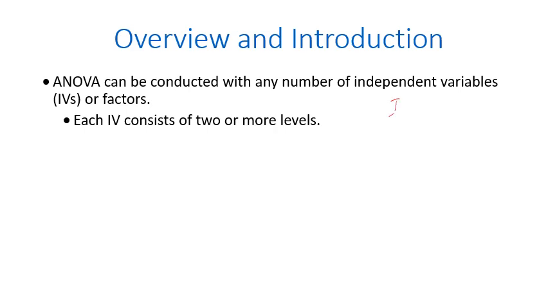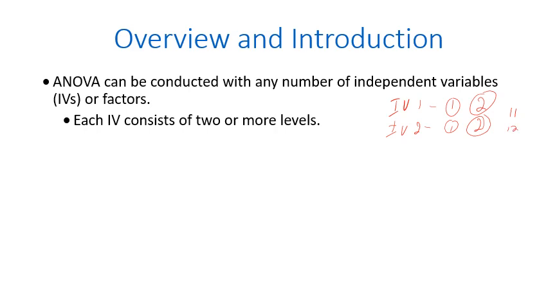Let's say you've got IV1, independent variable 1, that has 2 levels, 1 and 2. And then you've got IV2 that has 2 levels, 1 and 2. Well, the issue is that you're going to have now 4 groups. You're going to have 1,1, somebody who is 1 on independent variable 1 and 1 on 2.